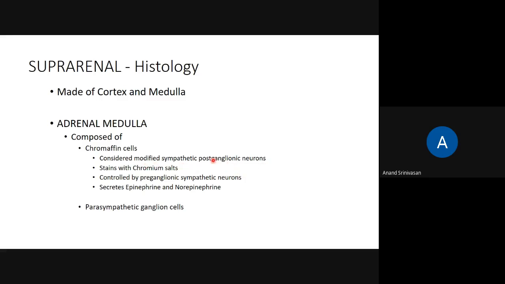So you know that there is a preganglionic and postganglionic neuron. The chromaffin cells are usually considered postganglionic neurons, controlled by preganglionic sympathetic neurons. If there is some fear or danger, the sympathetic nervous system acts.